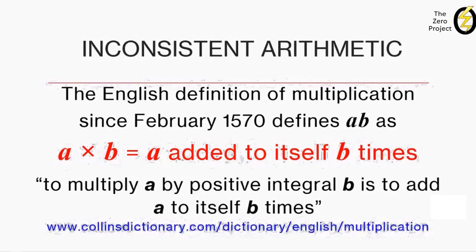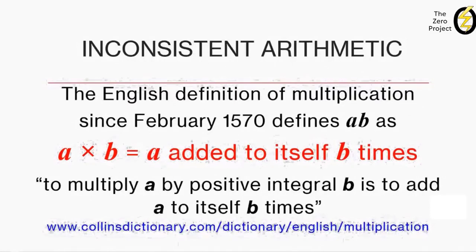And the dictionary definition of multiplication today is to multiply A by positive integral B is to add A to itself B times. My teacher said that 2 multiplied by 3 equals 2 added to itself 3 times. So she asked the grade what that would equal. I put up my hand and answered the correct answer of 8.